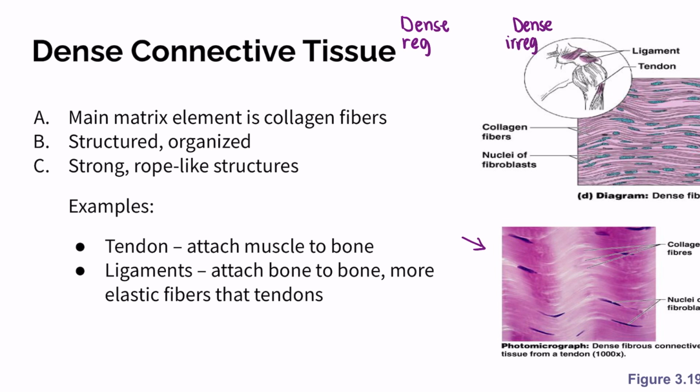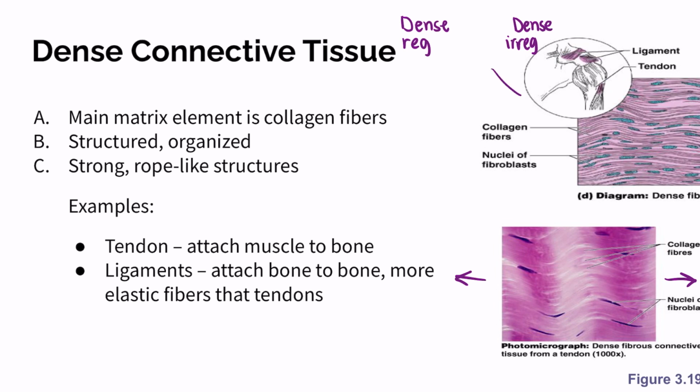And dense regular, as you can see in this picture, the fibers that look like pink highlighter are parallel to one another. And so what that really allows for is strength of force from two opposing sides, like a rope, think about tug of war.